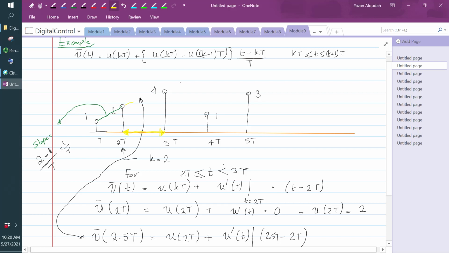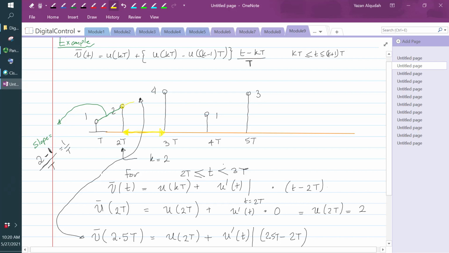Okay, so if I look at the equation, in order to get the estimate, I'm going to have to calculate the derivative. The derivative is u of kT minus u of (k minus 1)T divided by T. So the first thing I'm going to do is come to u of kT, which in this case is equal to 2, and calculate the derivative at this point.